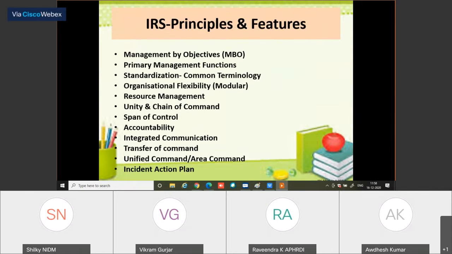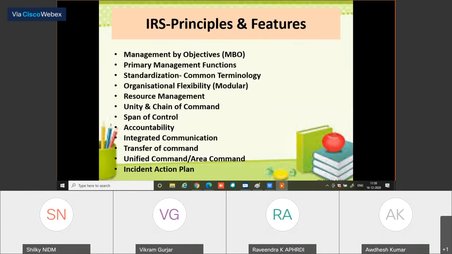By management by objectives, we mean that the objective is laid down. Then as per our objectives, we define our management tools and management activities, that is planning, resource management, and various other methods or principles. Once the objective is laid down, the various management features which are required are put into practice.